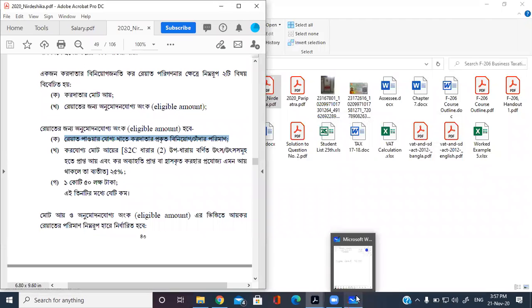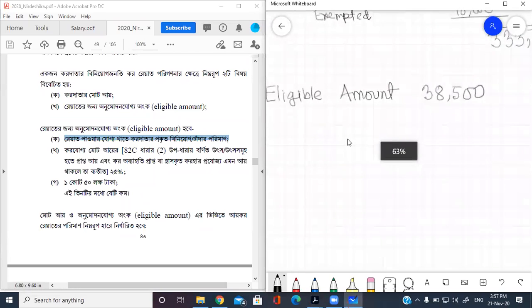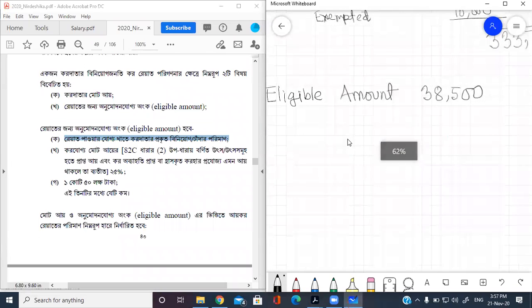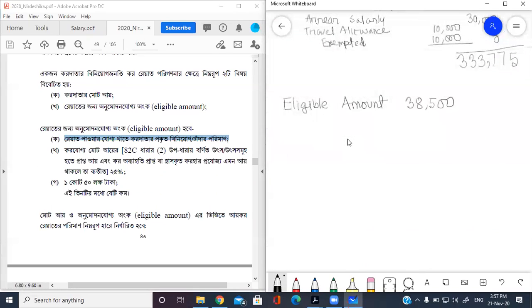Second one, let me show you the calculation first so that you can understand it side by side. Can you tell me what was our total taxable income for our SSC? 3,33,775. We have just included salary income here.